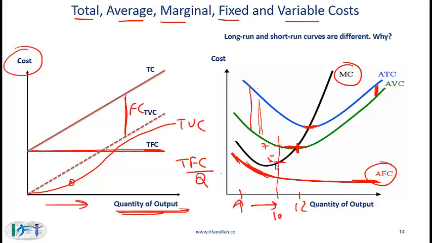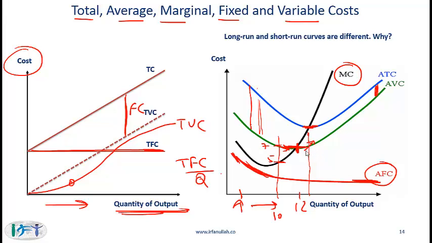If the marginal cost of producing one more unit is less than the average cost, then producing that one more unit is actually going to pull the average down. On the other hand, if you are at this point where the marginal cost is more than average, then producing that additional unit will pull up the average.